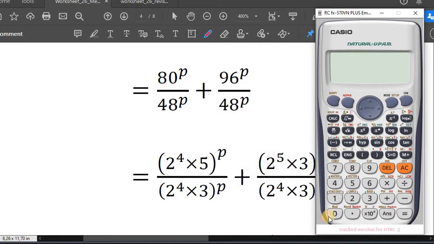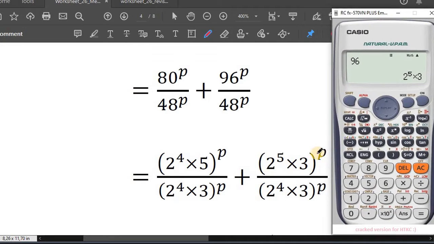Let's look at this now. 80 is equal to its factors, there we go. Same story, let's try this with a 96. 96 is equal to its factors. There we go again. Let's show the p there, right. Same story, the 48 and the 48 there again.